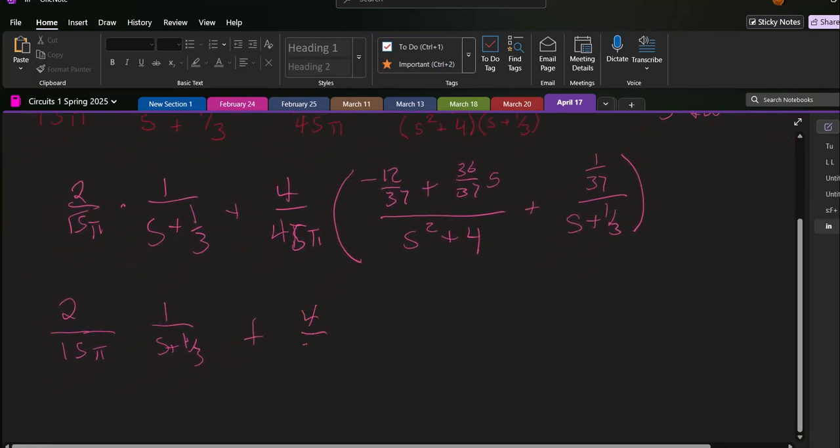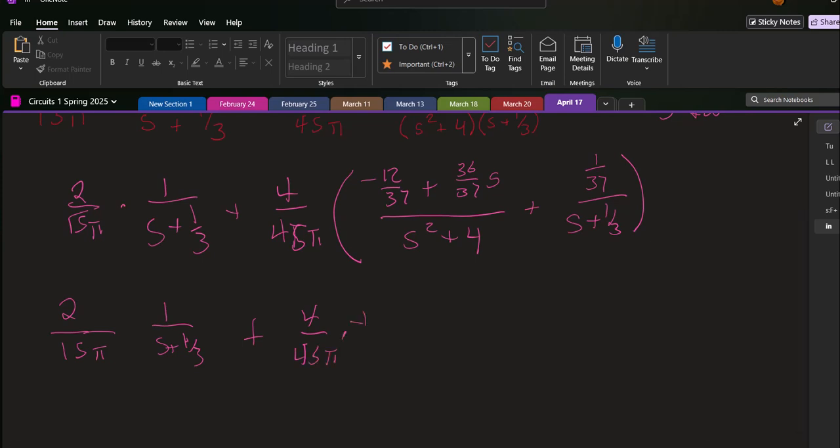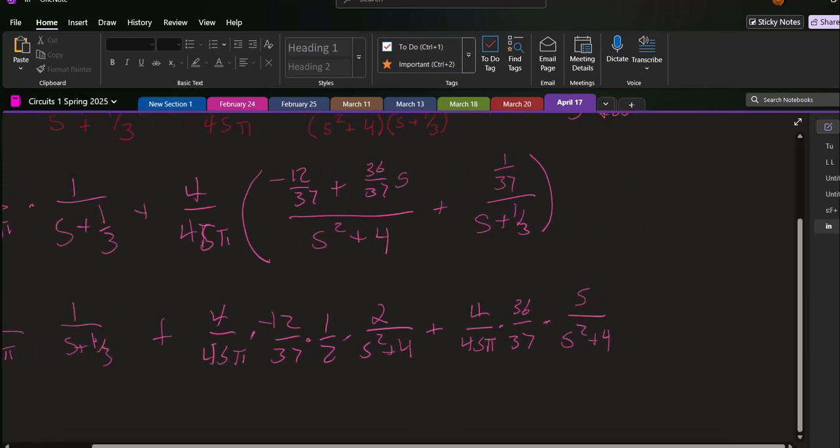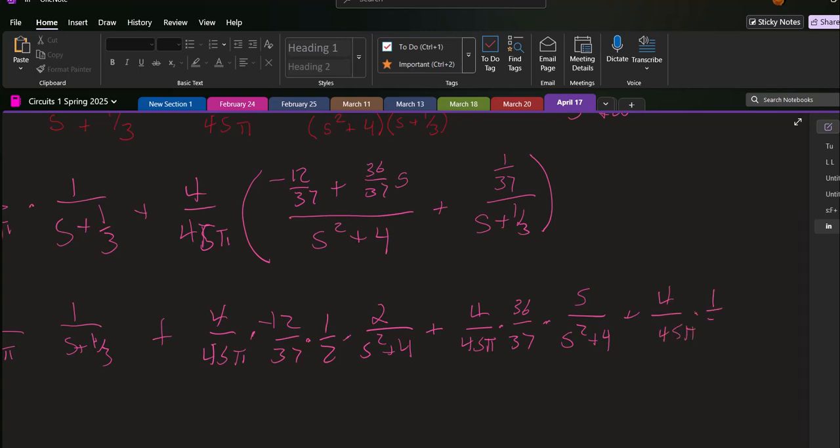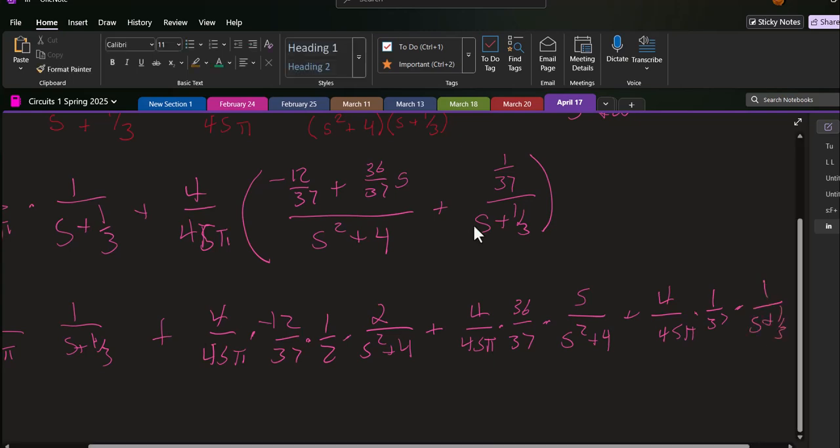So I'm going to do this quickly. 4 over 45 pi times negative 12 over 37 times 1 over 2 times 2 over s squared plus 4, plus 4 over 45 pi times 36 over 37 times s over s squared plus 4, plus 4 over 45 pi times 1 over 37 times 1 over s plus 1/3.